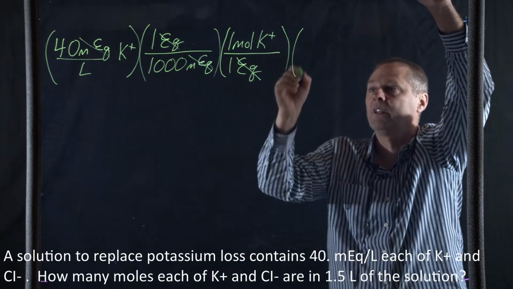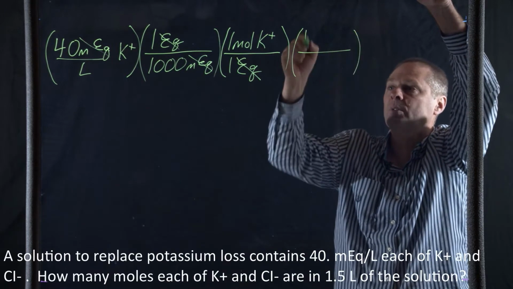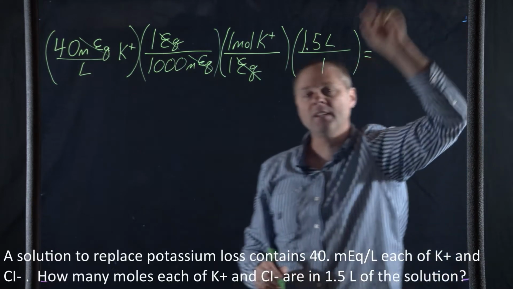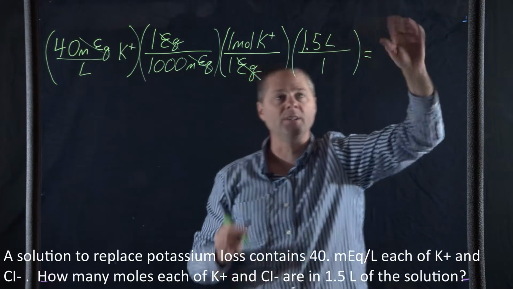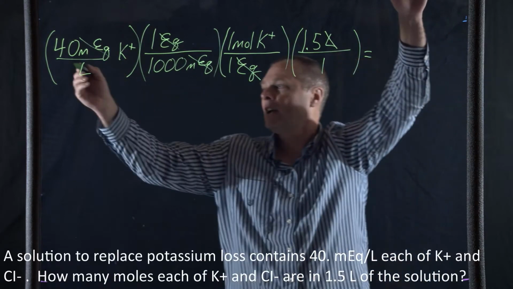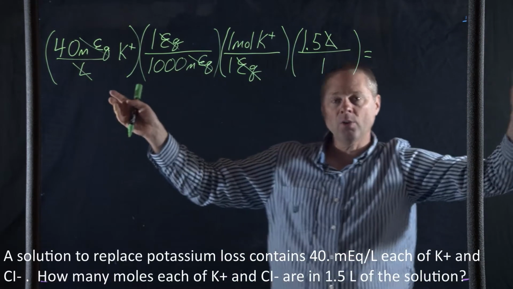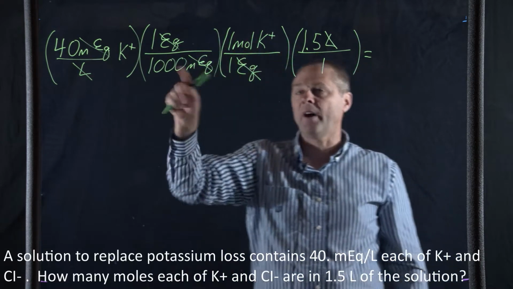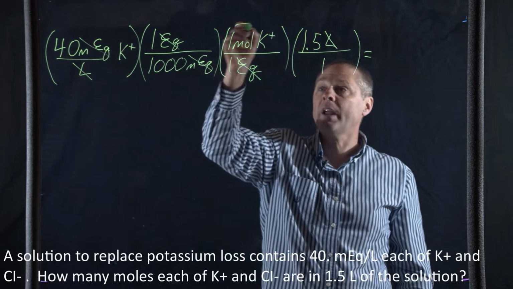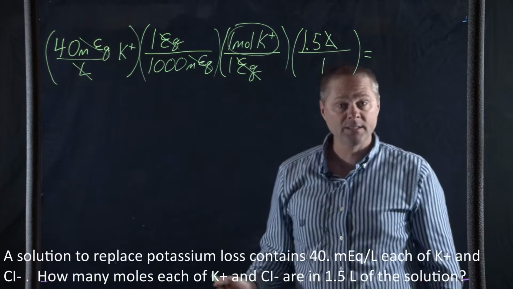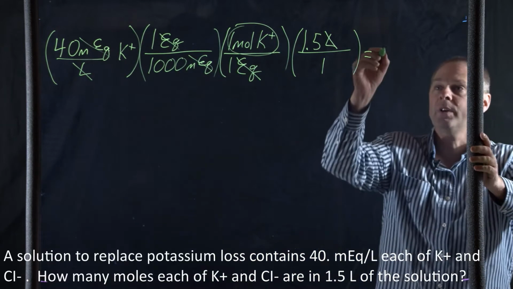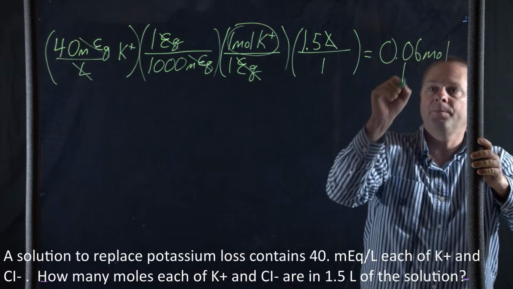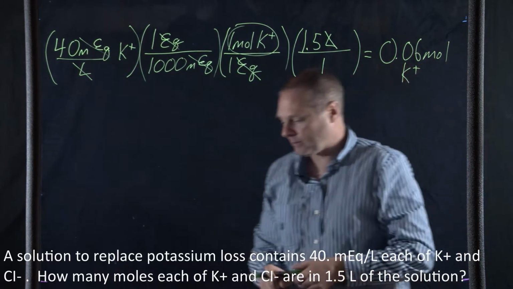Well, to get rid of the liter, we're going to simply multiply by the volume that was given in the problem. The problem asked for 1.5 liters of solution. So liters cancel. And so now in order to calculate this, you take 40 times 1.5 divided by 1,000. And the units that we have are going to be moles of potassium. And if we do this arithmetic, we get 0.06 moles of potassium.